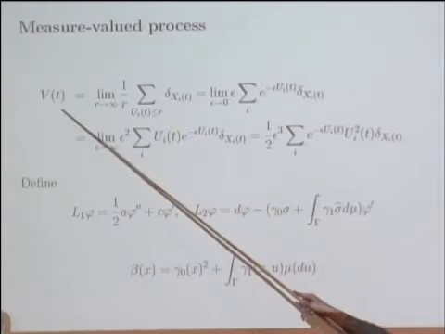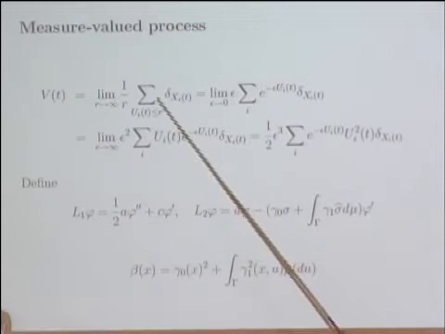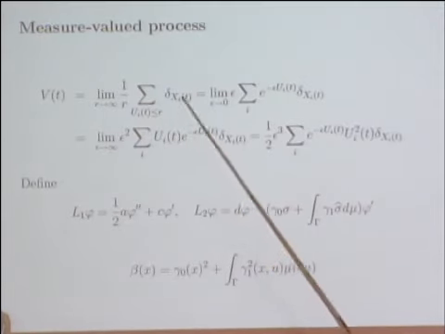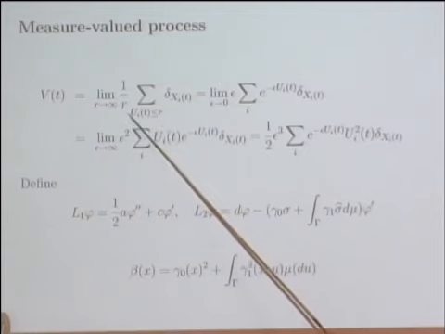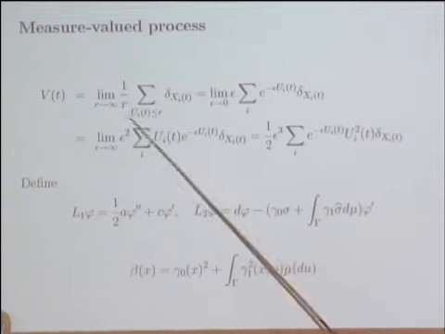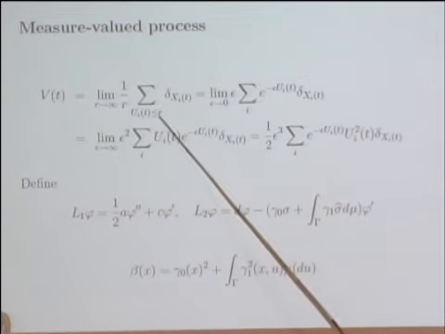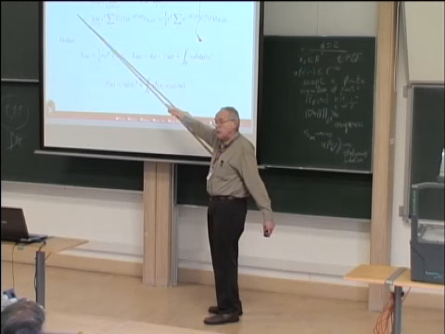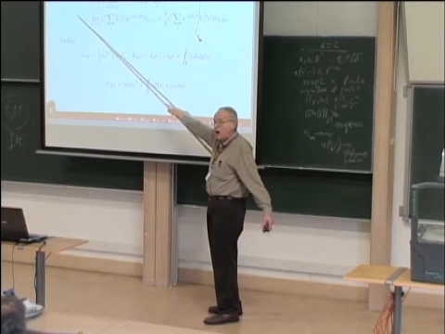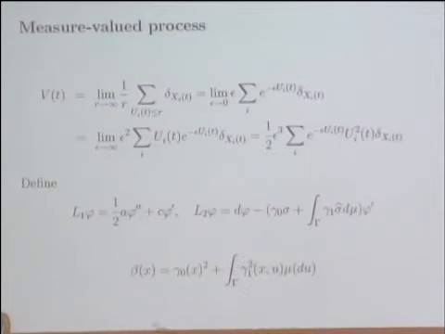If I want to recover V of t, all I have to do is look at all those points with levels below some level r, take this average, and let r go to infinity, and that's going to recover the V of t in my conditionally Poisson, in the Cox measure.